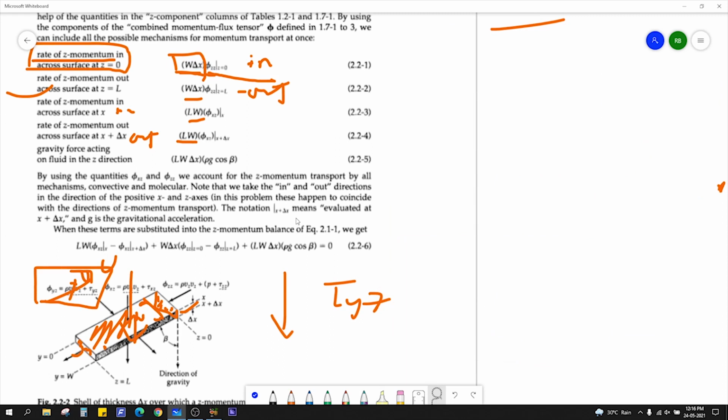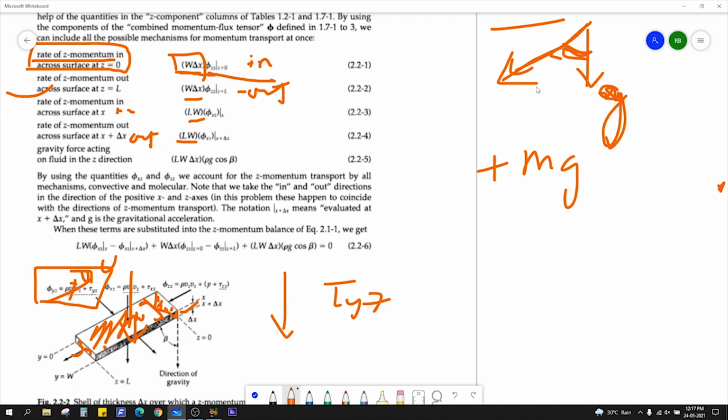Now we are only left with the force. To calculate the force, you have to add mg. But our coordinate system is not in the direction of gravity. The flow is in this direction, and the momentum rate is in this direction, so the force causing it should be in this direction. Since the force is given in another direction, you have to take its component along the flow direction.